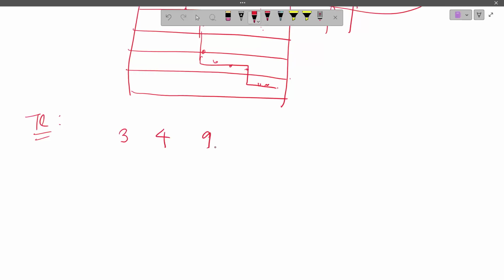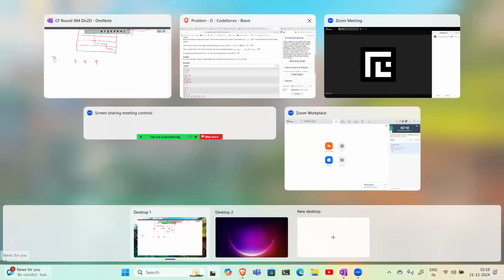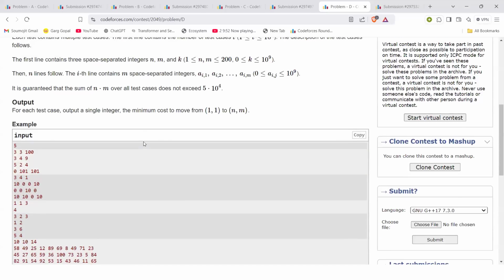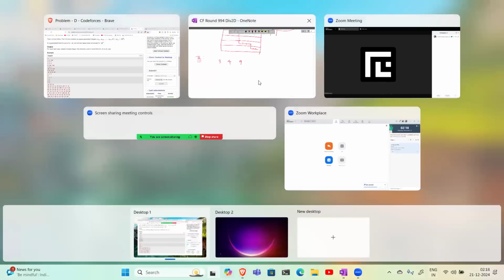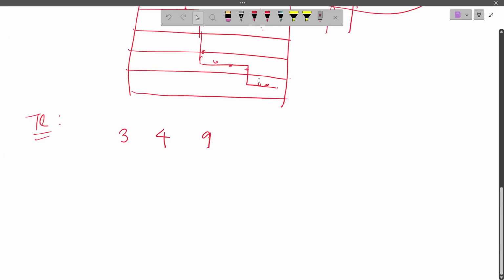Just a second. Okay, so this is 349, then we have 524, and then we have 0, 101, and 101.